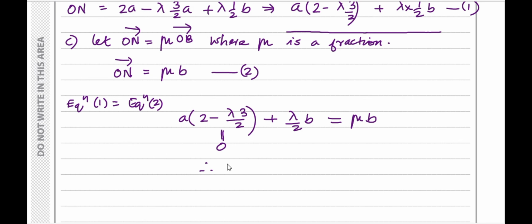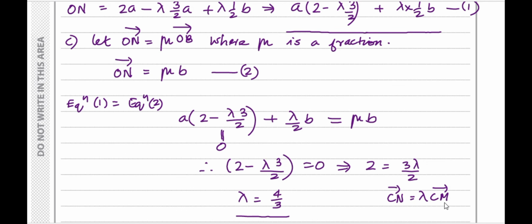Therefore we can say 2 minus lambda 3 over 2 is equal to 0, leading to 2 is equal to 3 lambda over 2, or lambda is equal to 4 over 3. Since vector CM is smaller than vector CN, that means lambda has to be more than 1, and therefore lambda being 4 over 3 makes sense.